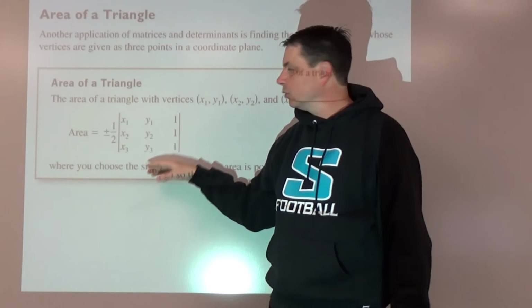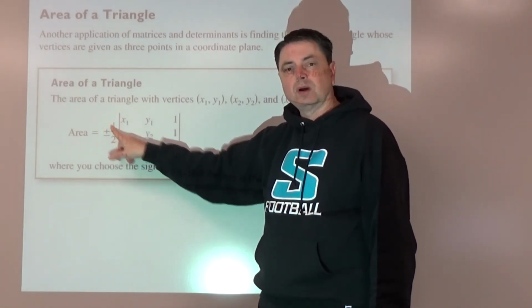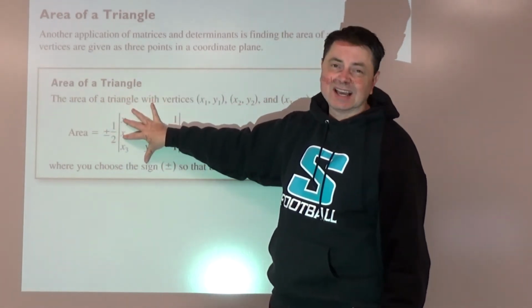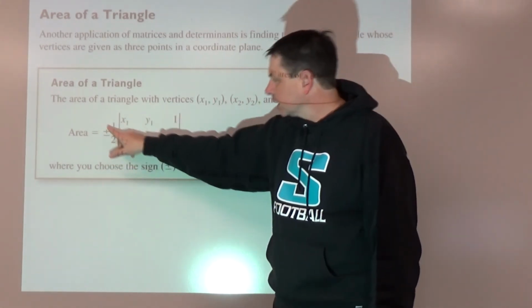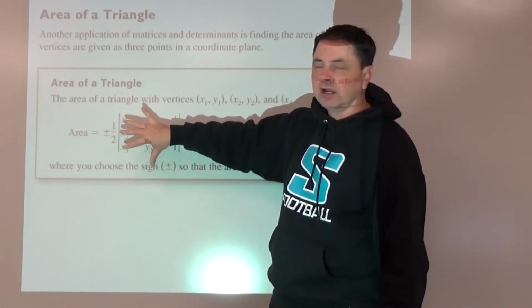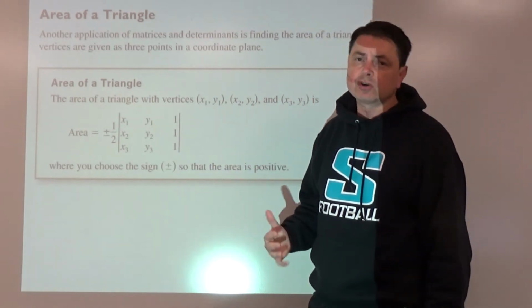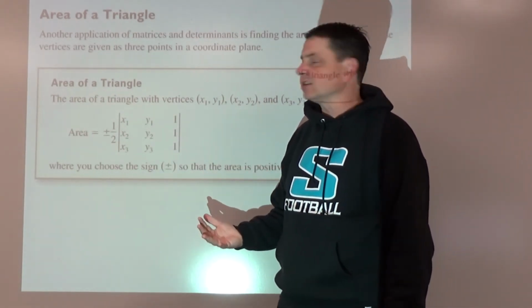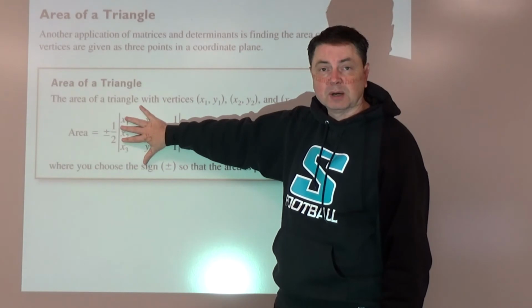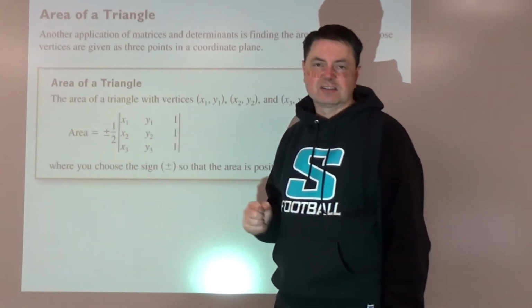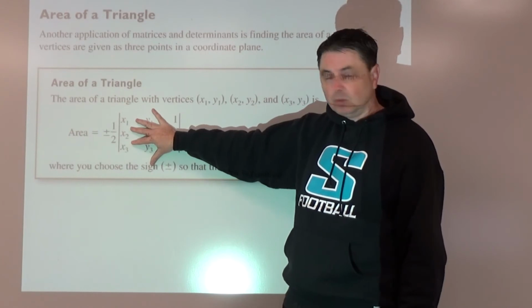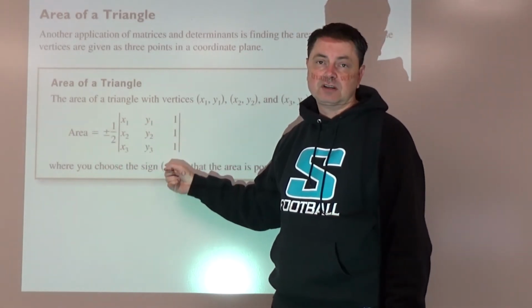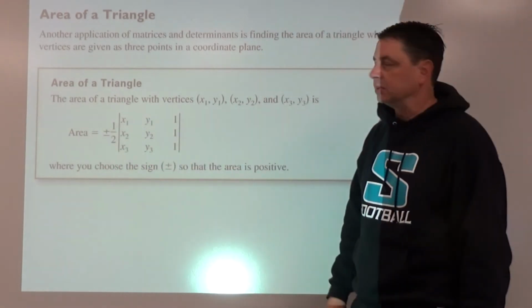And the area would be plus or minus 1/2 times that determinant. It can't be both, we're going to have to choose. We know the area of the triangle needs to come out to be a positive number. So if the determinant is positive, we'll multiply by positive 1/2. If the determinant is negative, we'll multiply by negative 1/2 so that the area turns out to be positive.